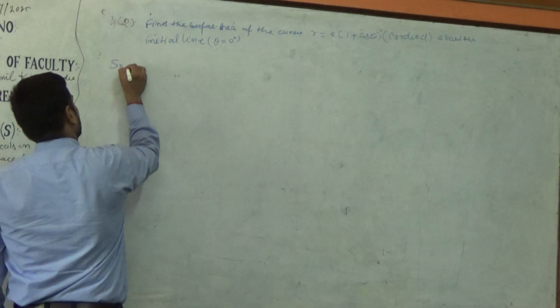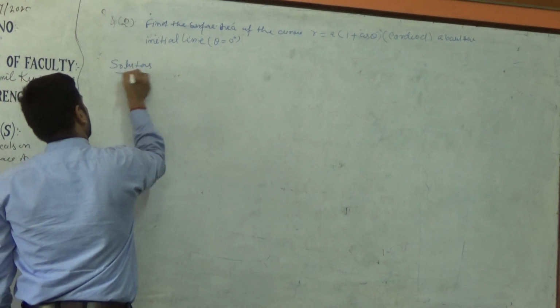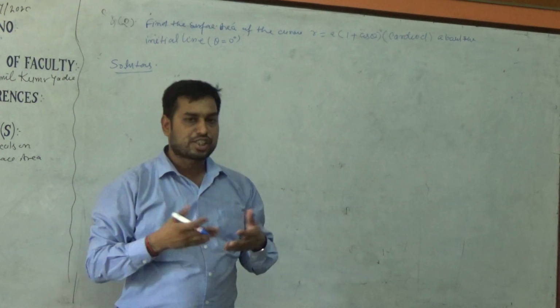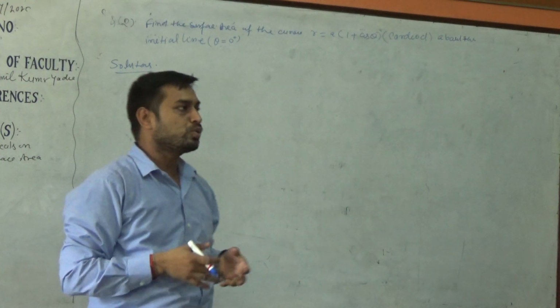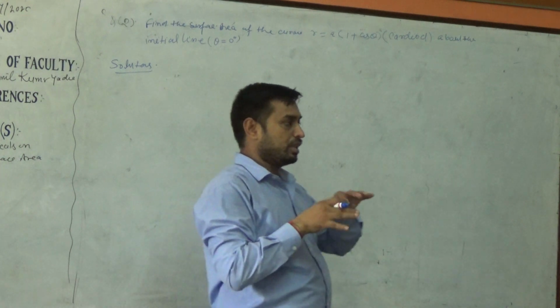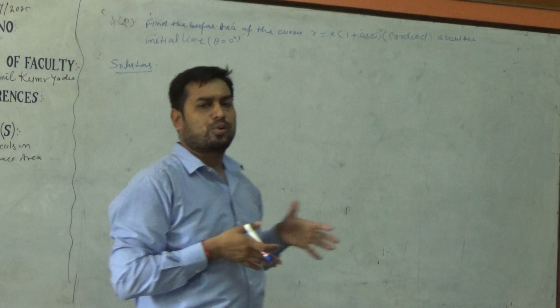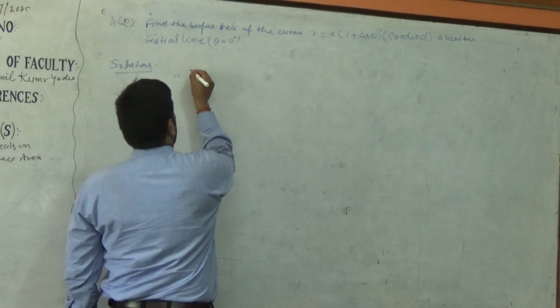Solution. The given equation r equal to a (1 plus cos theta) is in polar form, so here we use the formula of surface area related to polar coordinates.